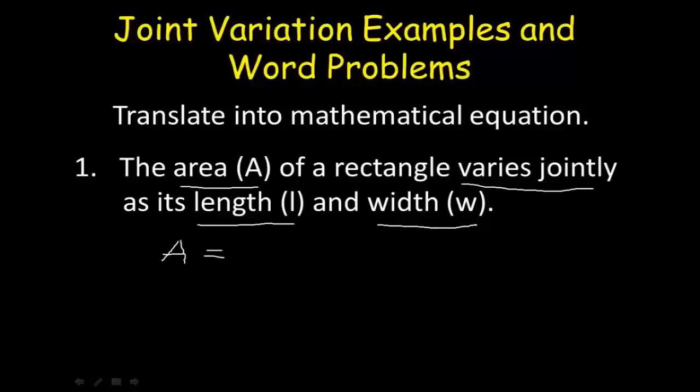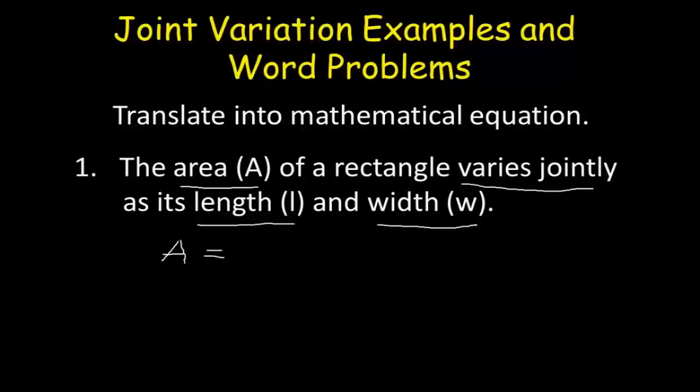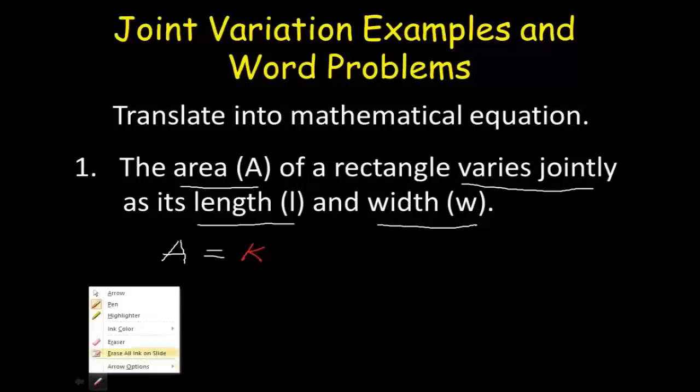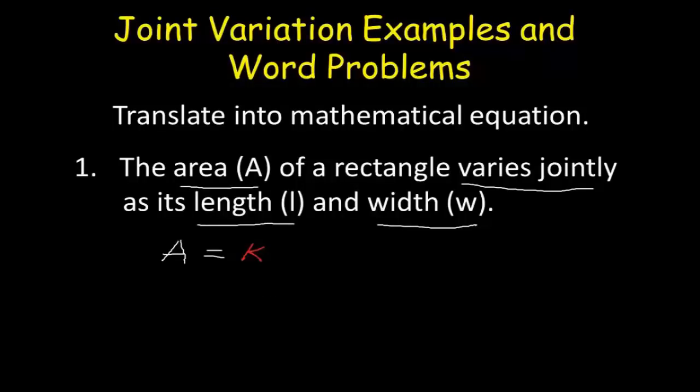After writing the variable on the left side, do not forget the constant of variation, which is k, and then the constant of variation will be multiplied by the two variables that vary jointly with the area.